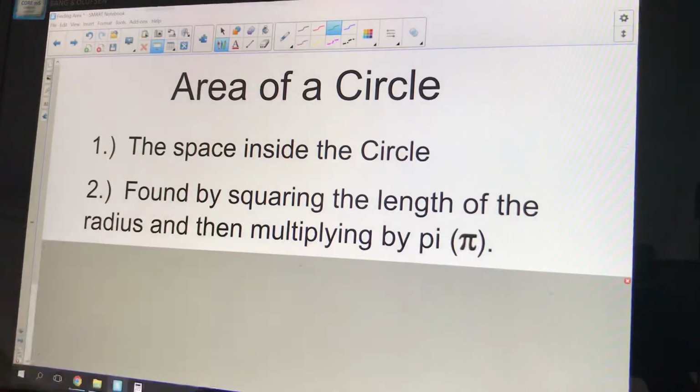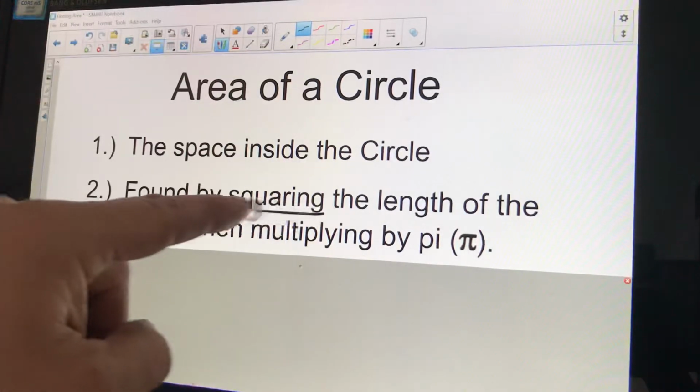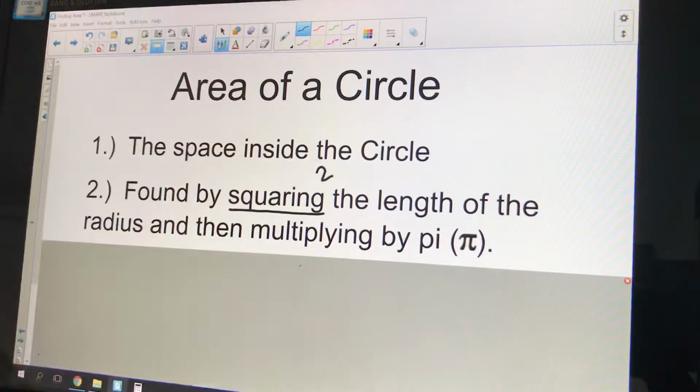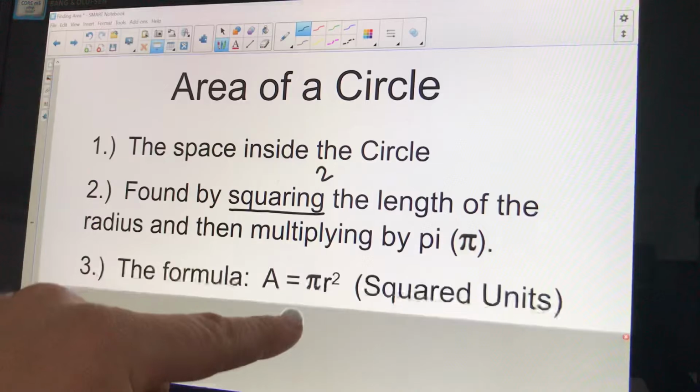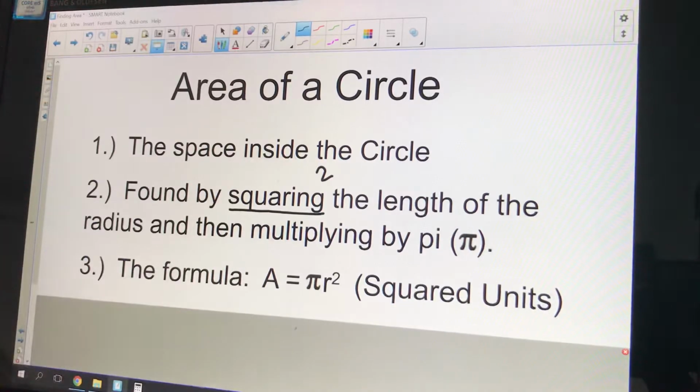It's found by squaring, to the second power, the length of the radius, and then multiplying it by pi. Now, guys, that's different than multiplying by 2. Squaring is taking a number and multiplying it by itself, and then you take that result and multiply it by pi.